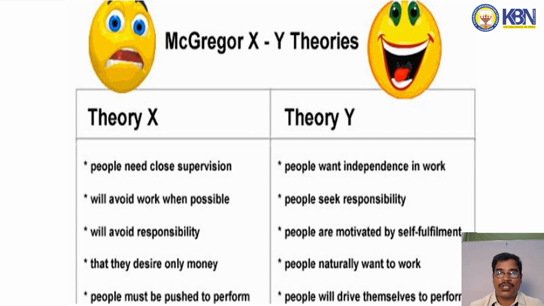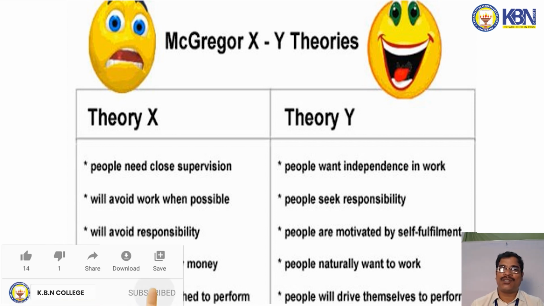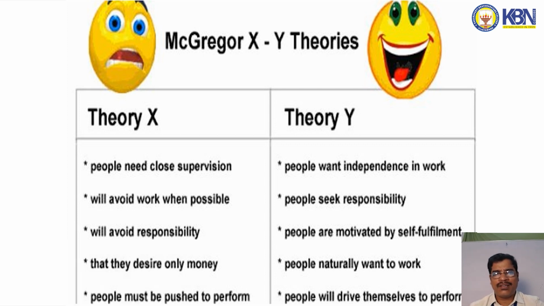People naturally want to work, and people will drive themselves with great perfection. So this is what Professor Douglas McGregor has described to us as Theory X and Theory Y in the context of motivation. These are very important theories which make us very clear about the motivational concept.